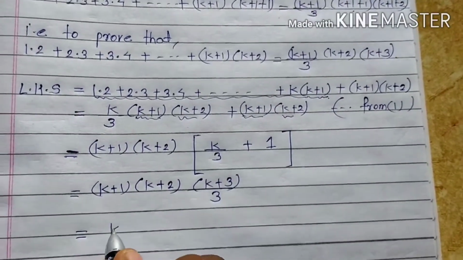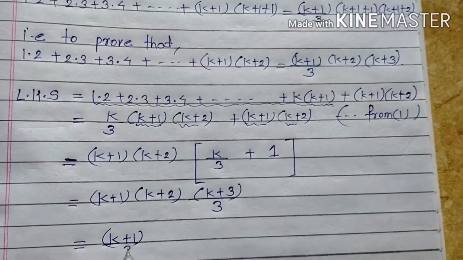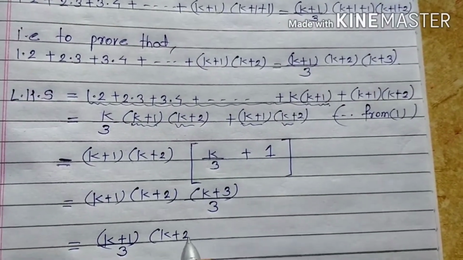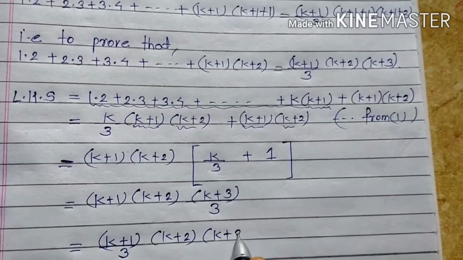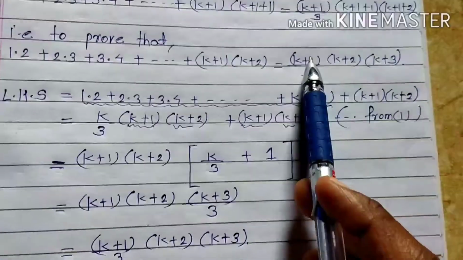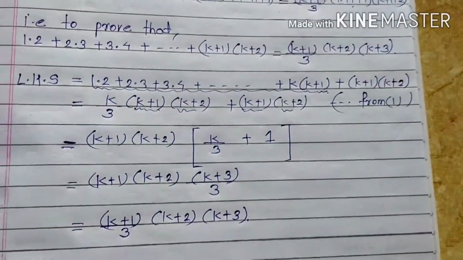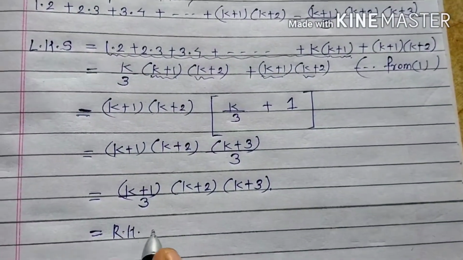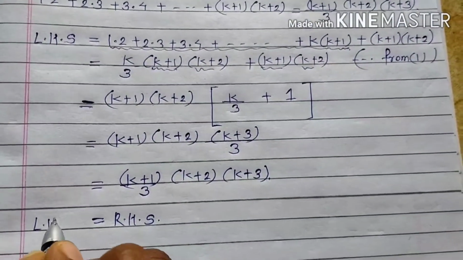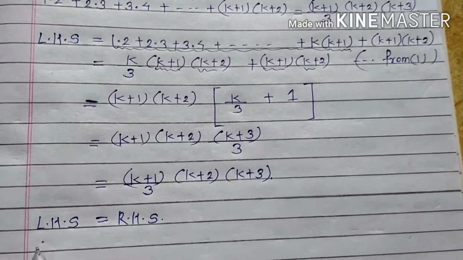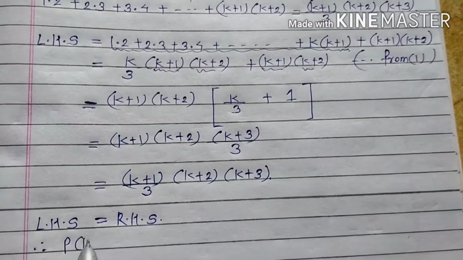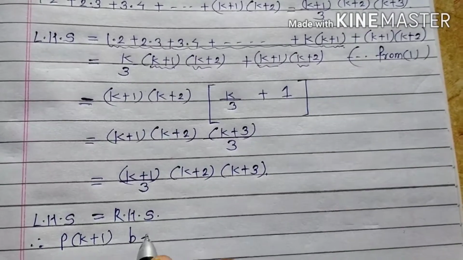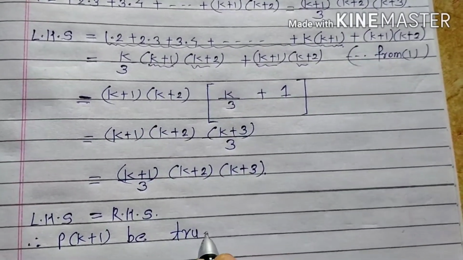So this is K plus 1 upon 3, K plus 2, K plus 3. Now you can observe that this is RHS. So we prove LHS equal to RHS, therefore P of K plus 1 is true.